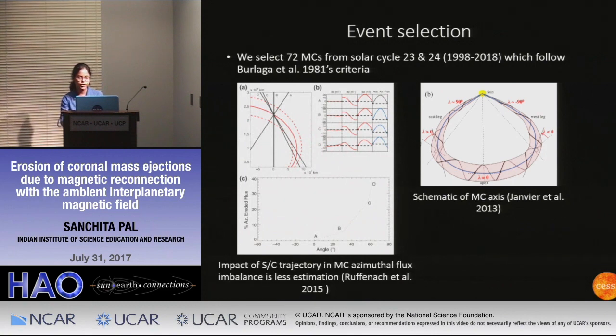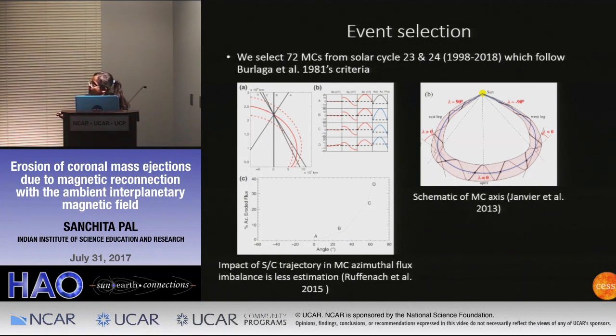I will show it here. One magnetic cloud is represented by this red line, and this red dashed line is the magnetic cloud axis. A, B, C, D are the various spacecraft paths. For spacecraft path A, the lambda angle is minimum because the spacecraft is passing almost perpendicular to the axis of the magnetic cloud, and for that you can see the accumulated azimuthal flux is this one.